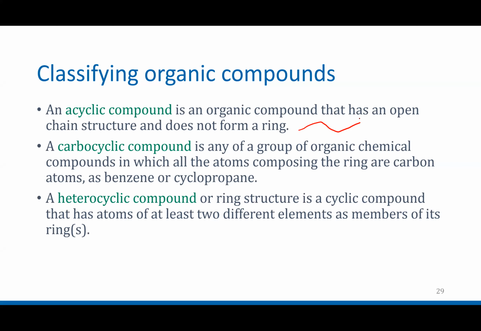Carbocyclic compounds are any group of organic chemical compounds in which the atoms in the ring are carbon atoms. So again, break this down into English. Acyclic, not cyclic. Carbocyclic, it's a cyclic compound, a ring.